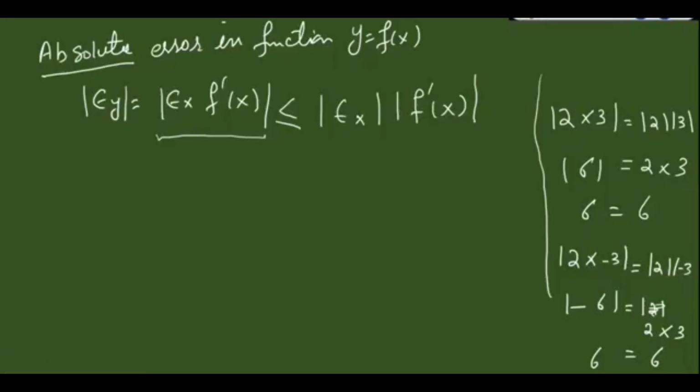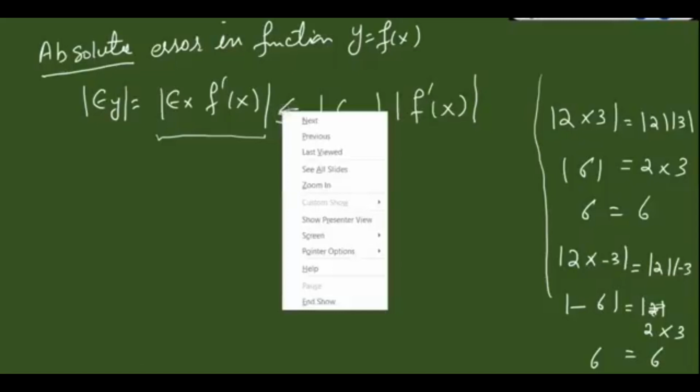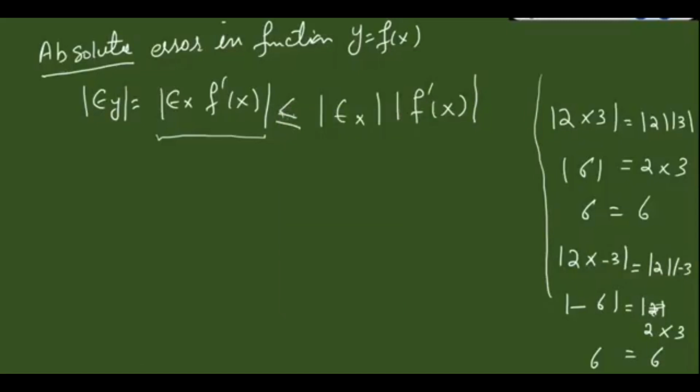Let me clarify this part. These two are equal all the time. Because I mixed it up, in case of addition we have this relation, but in case of multiplication, the absolute error is the absolute value product of the individual quantities.